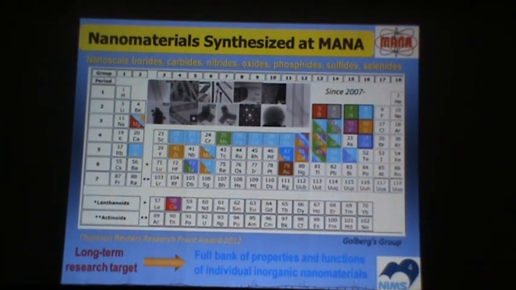I prepared this periodic table just to give you some flavor of the chemistry of materials we are studying at NIMS. And the color code is like this. We analyze borides, carbides, nitrides, oxides, sulfides, phosphates, and selenides.